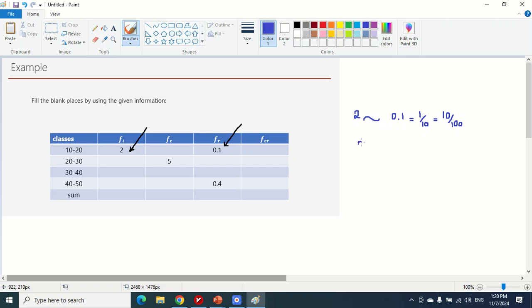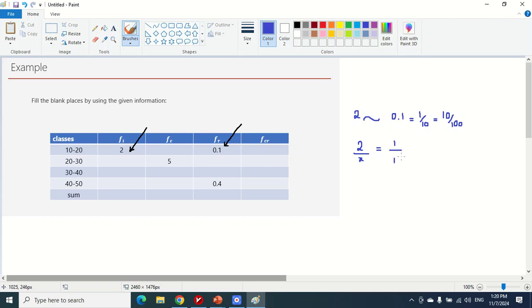This means that 2 is related to 0.1, and we can make a proportion over here: 2 over x, the whole data, is equal to 1 over 10.